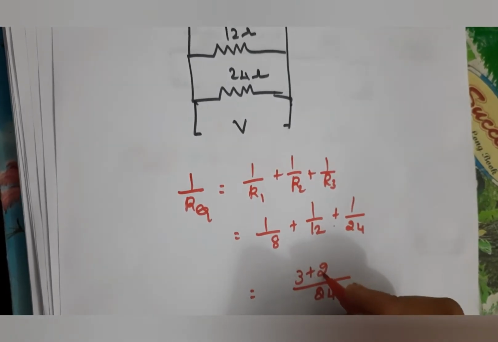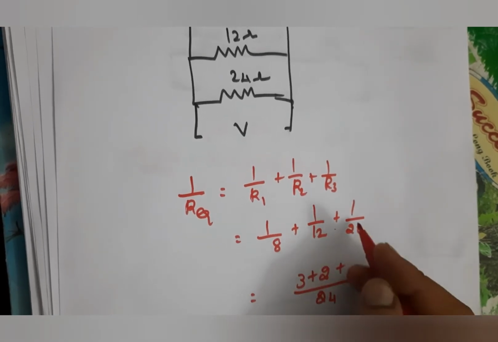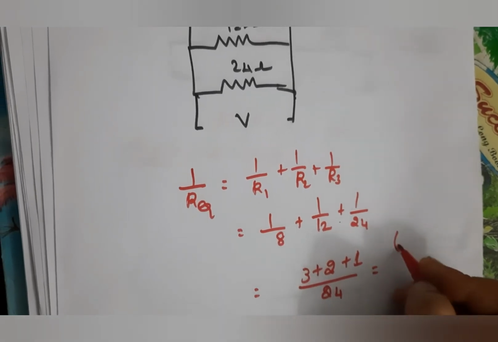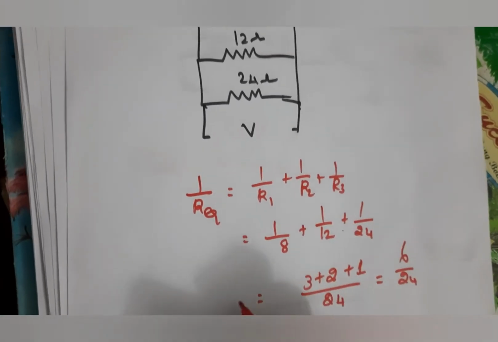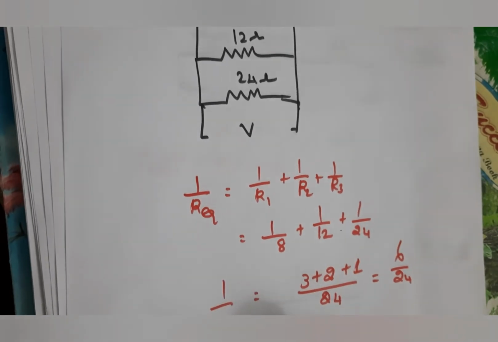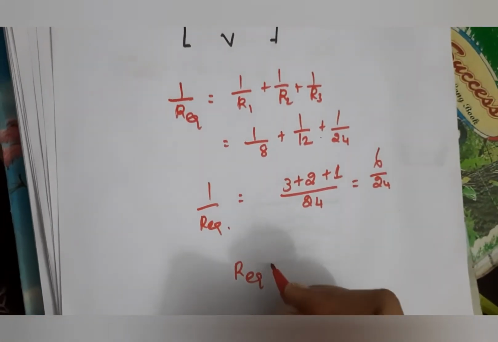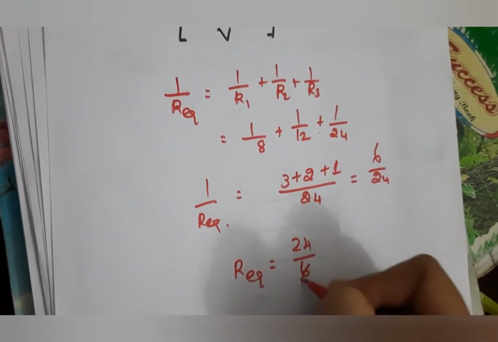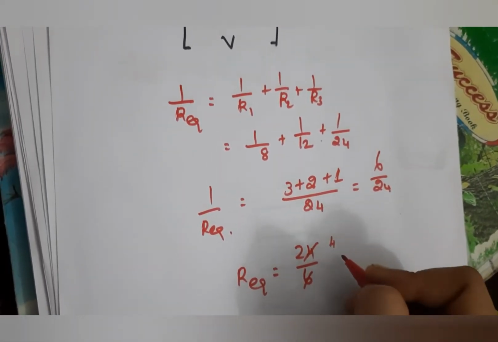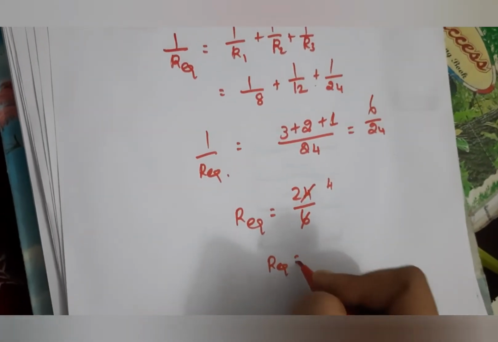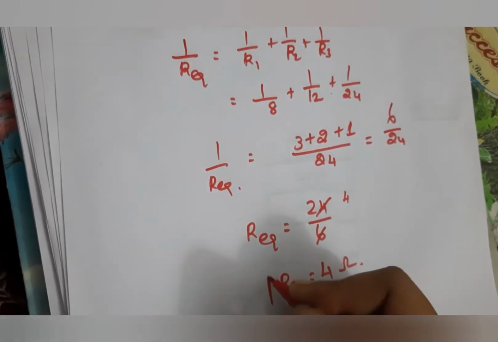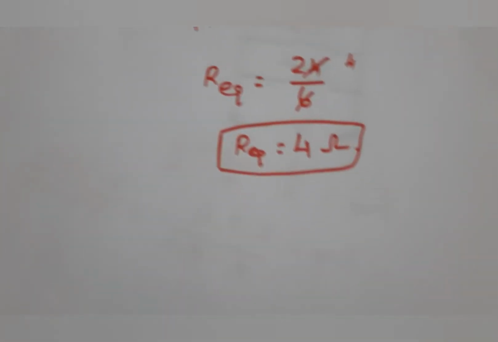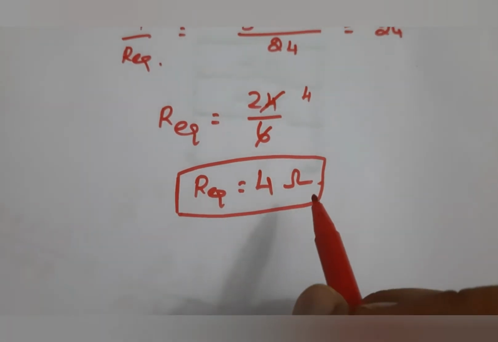So we have 3 plus 2 plus 1, the answer here is 6 by 24. So that is 1 by R equivalent. We have to find R equivalent, that is equal to 24 divided by 6, which is 4. So R equivalent here is 4 ohm. So in parallel connection, the equivalent resistance value is 4 ohm.